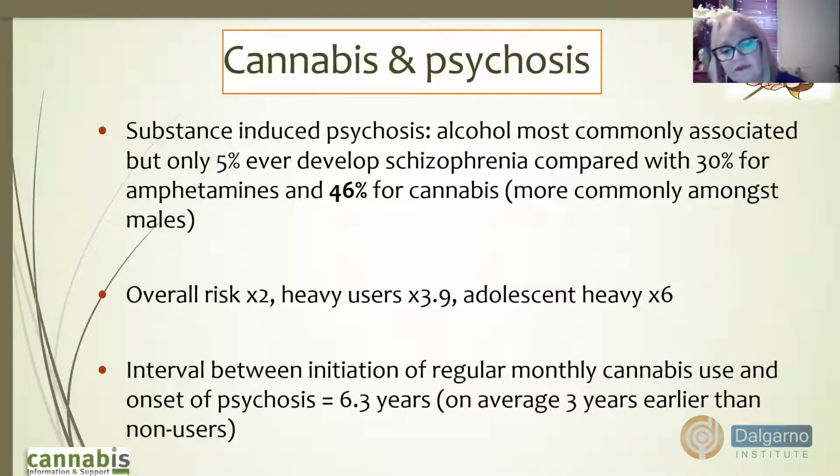One of the other concerning factors is that from initiation of regular monthly use to the onset of psychosis is about 6 years. So rather than being on average 21 at their first diagnosis, if they're not cannabis users, it goes down to 18.